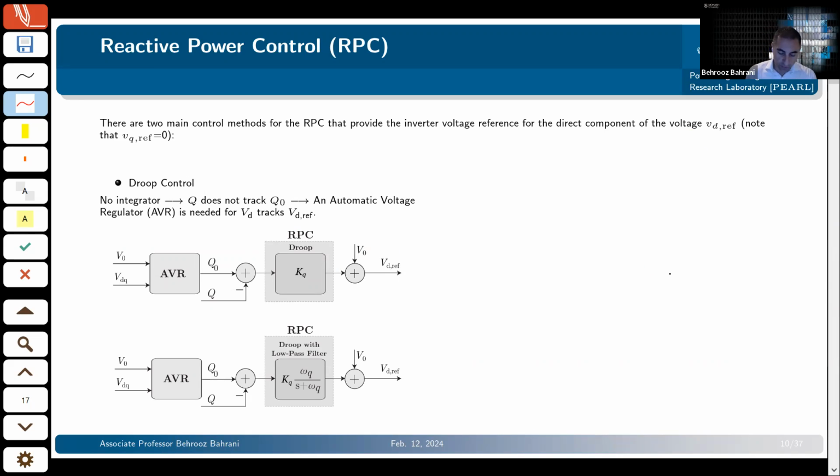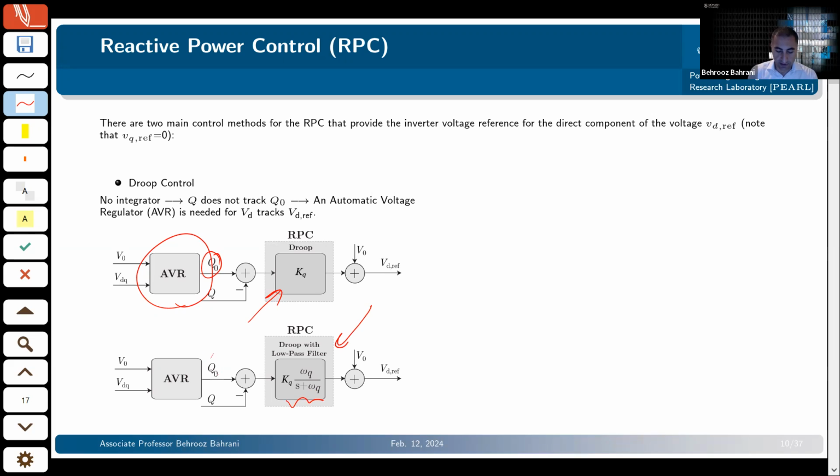Typically, what we do in a grid-forming control, if you want to have an RPC or reactive power control, it's as simple as putting a proportional gain. Very simple. So this is the AVR I was talking about, which gives us the reference for the reactive power. It could be RPC with a low pass filter. So that's a possibility as well.